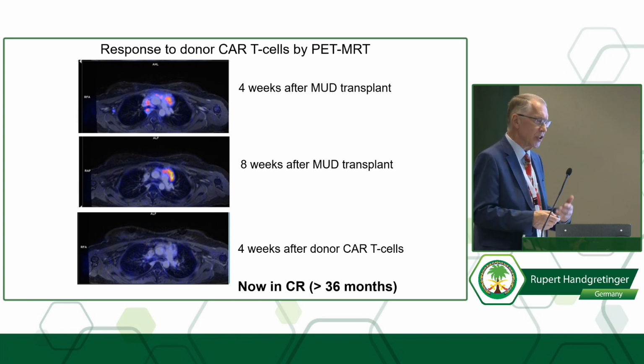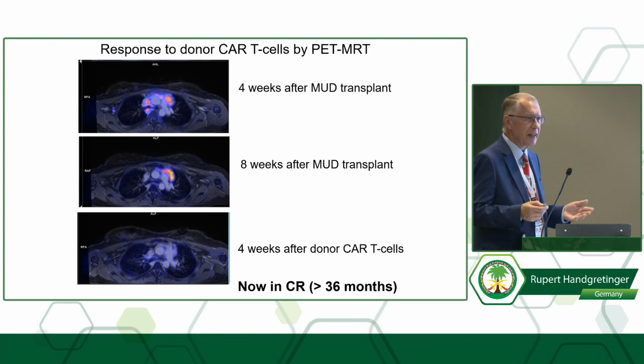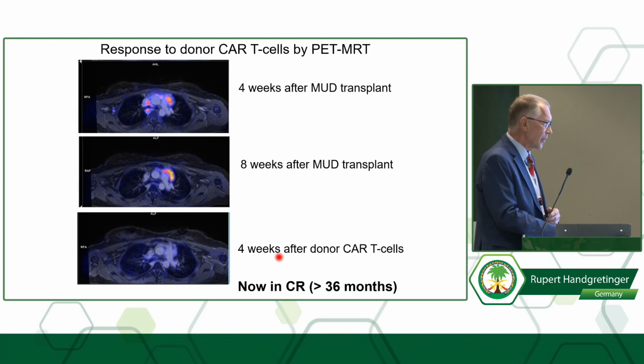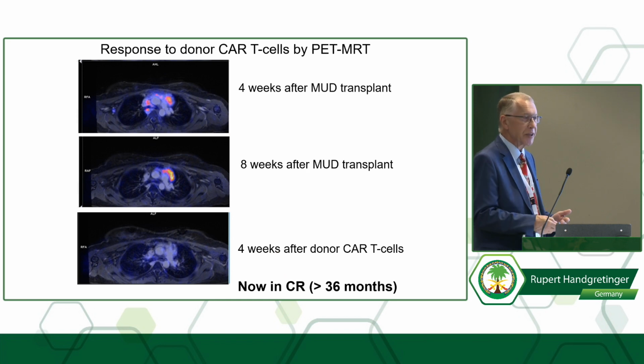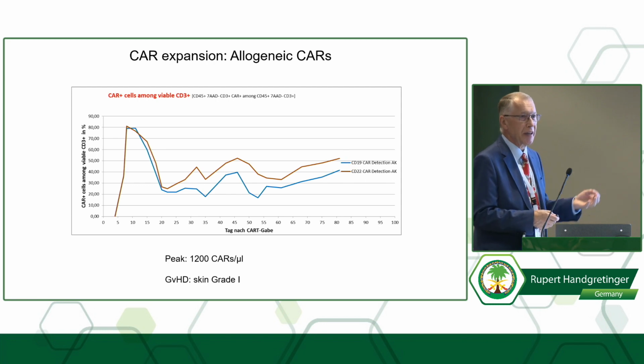They expanded. She had a slight graft versus host disease, grade 1 skin only, but no severe cytokine release, and now she's more than 3 years in remission as we speak. So that was quite successful, and this was her CAR expansion. As you can see here, she had quite a nice expansion of both of the CARs, and that's maybe what keeps her in remission.